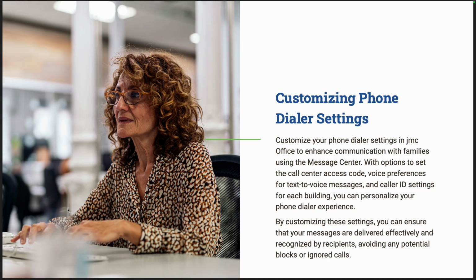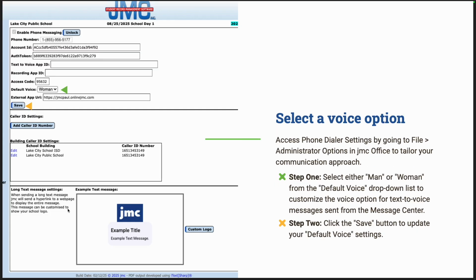By customizing these settings, you can ensure that your messages are delivered effectively and recognized by recipients, avoiding any potential blocks or ignored calls. To access phone dialer settings, go to File, Administrator Options in JMC Office to tailor your communication approach.